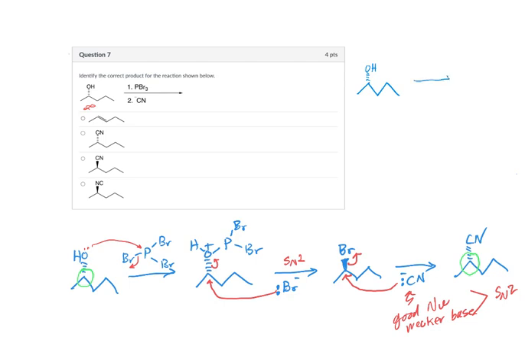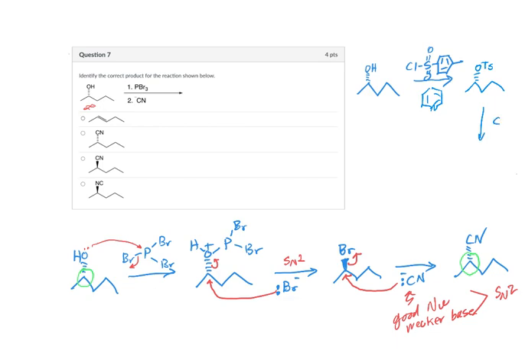So if we converted this to the tosylate, with pyridine as a base, it's just going to sop up the hydrochloric acid that's going to get generated in this step. So we'll have our O-tosylate on here.